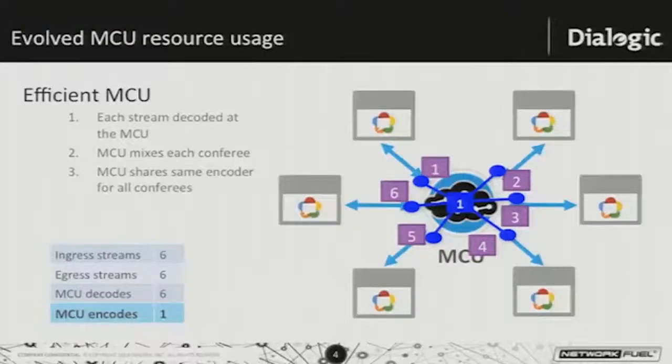When you think about scaling WebRTC, where you need to do not peer-to-peer, one-person to one-person conferencing, but multi-party conferencing, this doesn't just scale. So what we've been working on is what we call efficient or evolved MCU, where we have looked at the encoding operation specifically.